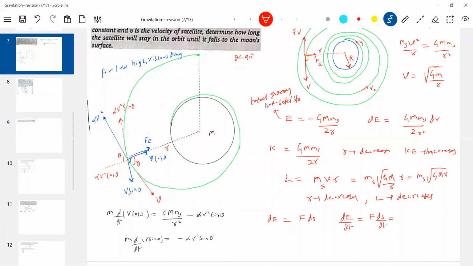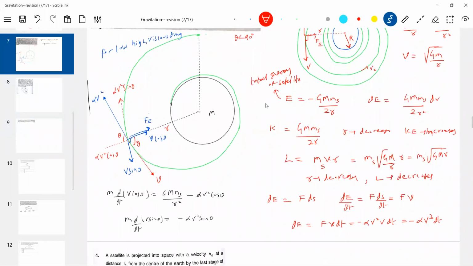What is ds by dt? That is the power, F into V. Okay, dE by dt, so dE is equal to F V into dt. What is F? F is alpha V square, so this becomes minus alpha V cube dt. Keep it in hand.